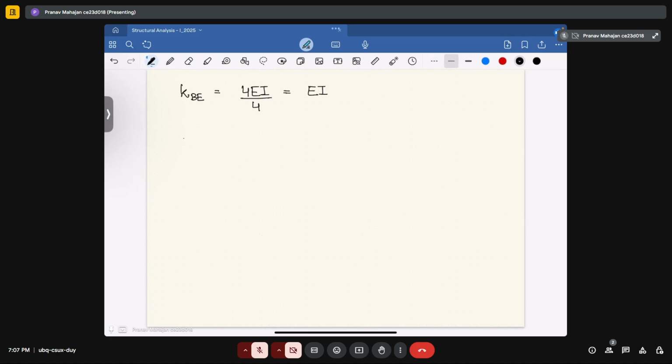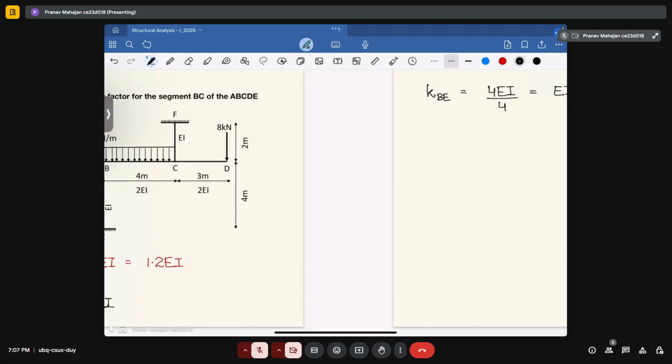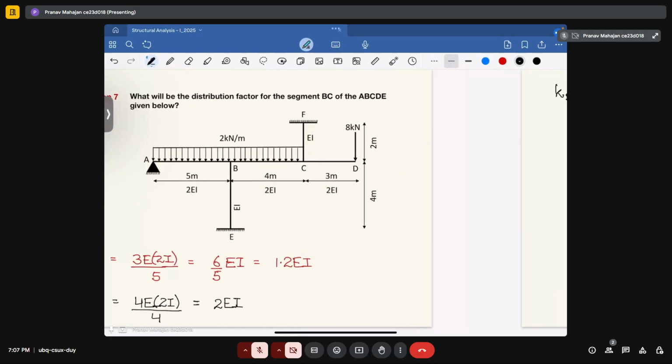Okay, now for joint B, if you want to calculate for BC, we can calculate here only.